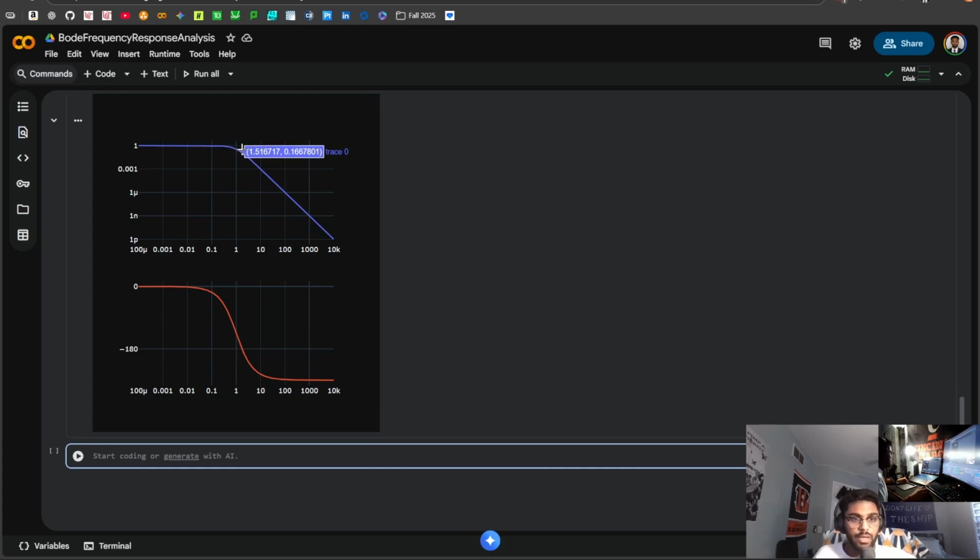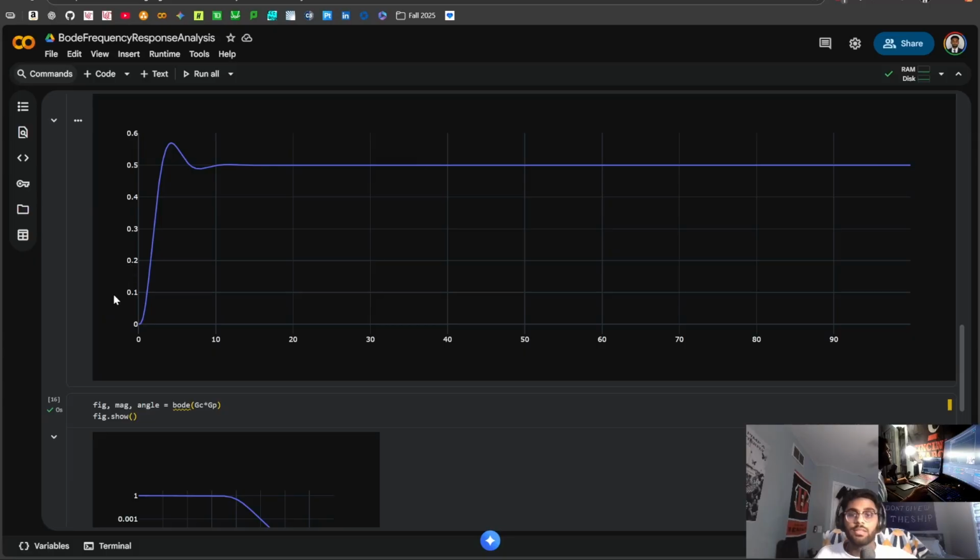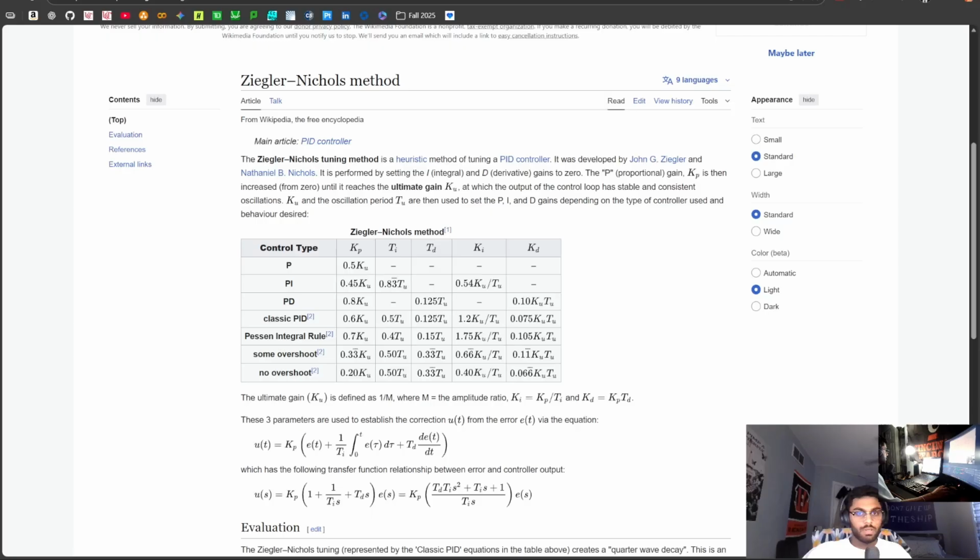If we go ahead and find that point on the graph, we see that we get an amplitude ratio of 0.11. And so this tells us that when we run our process, it's going to remain stable.